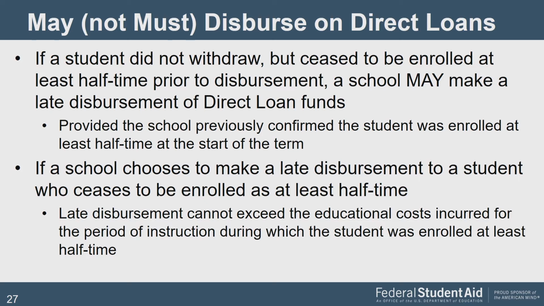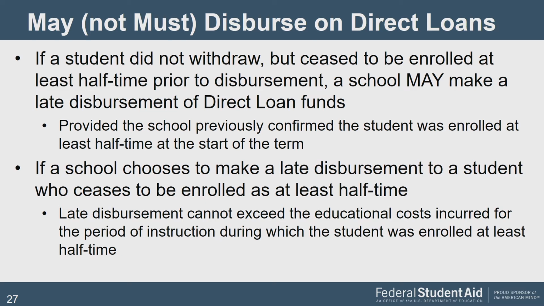So they are actually due funds as a more than half-time student. Just because they became ineligible doesn't mean they're not due any funds. Okay, so you have an option of either paying or not paying a student that falls below half-time.